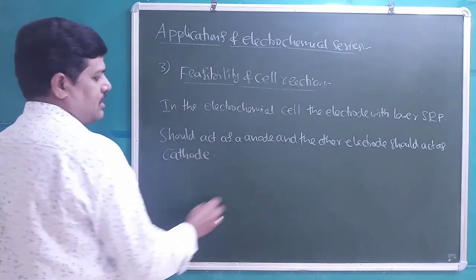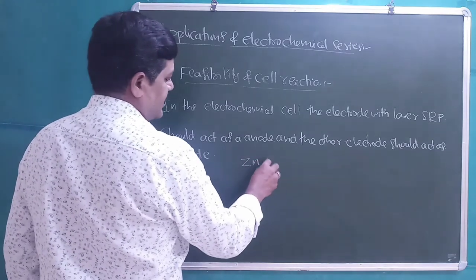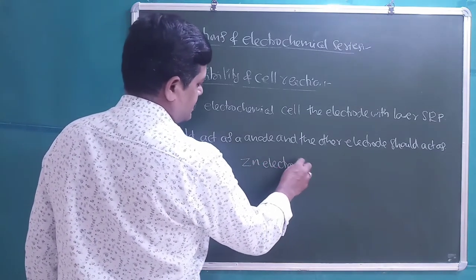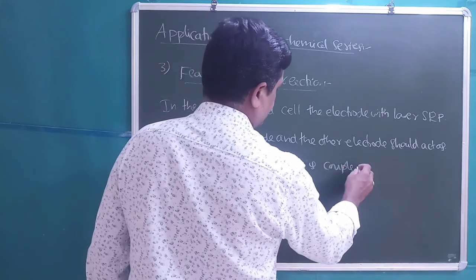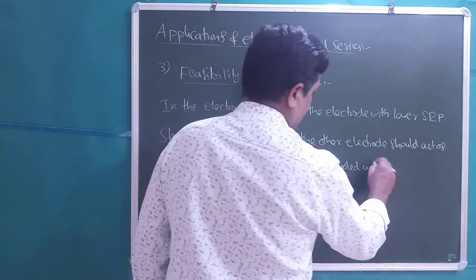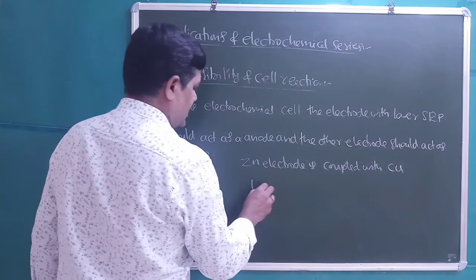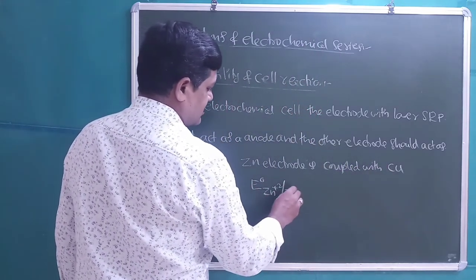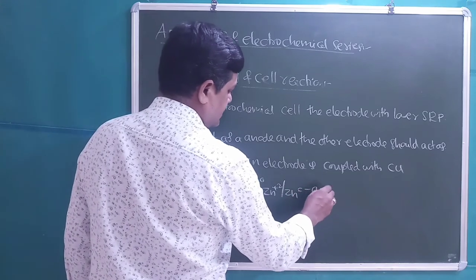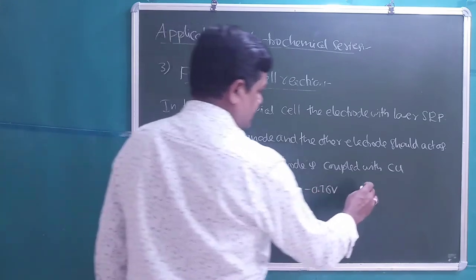Students, for example, a zinc electrode is coupled with copper. E naught Zn2 plus slash Zn is equal to minus 0.76 volts.